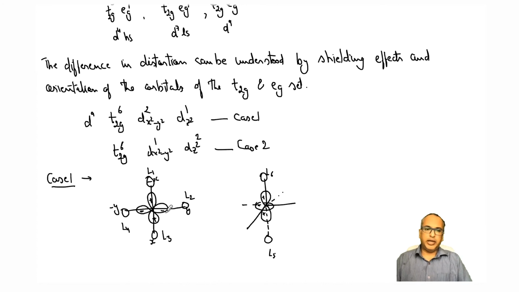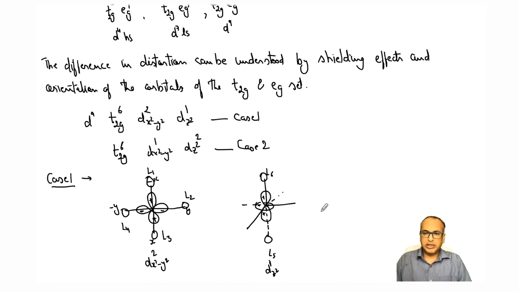Okay, so if you have dx square minus y square fully filled and dz square partially filled, the electronic repulsion or electronic shielding between the electrons of ligands versus the metal atom, there would be more electronic shielding here. So the attraction between ligands and the metal atom will be less as compared to this one.